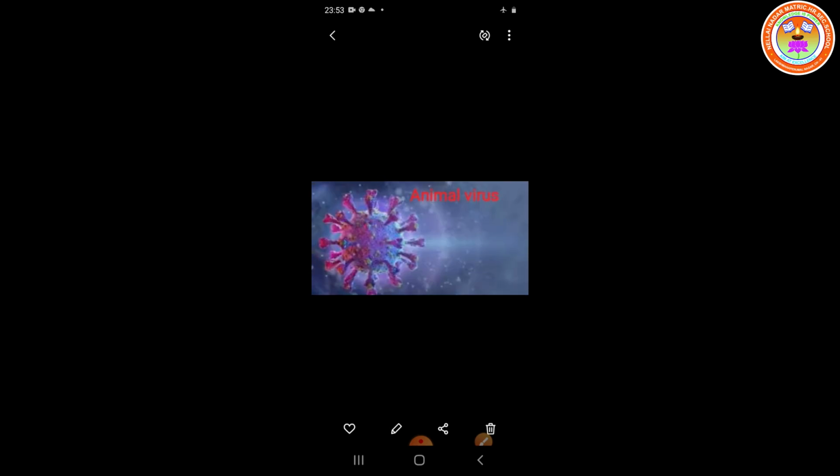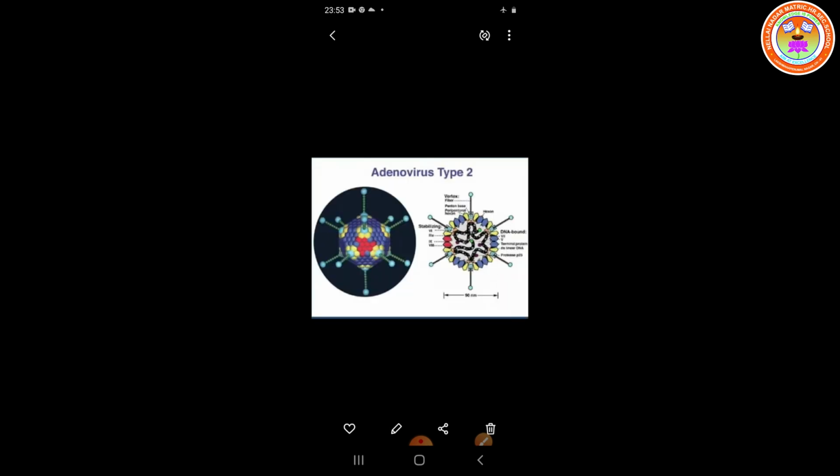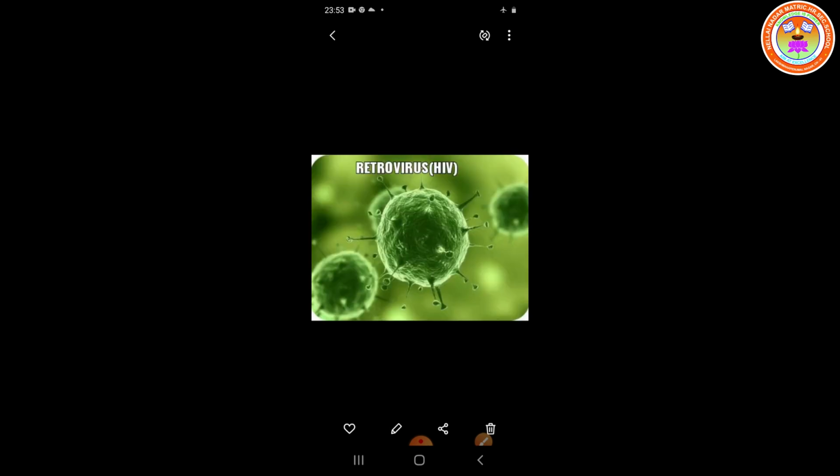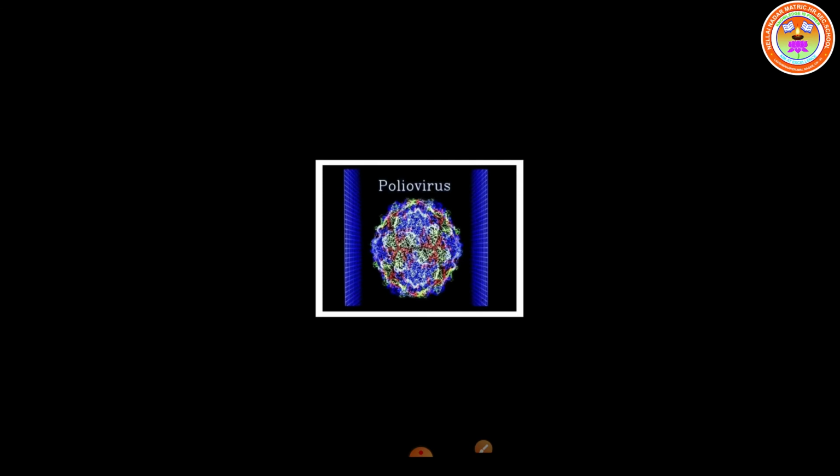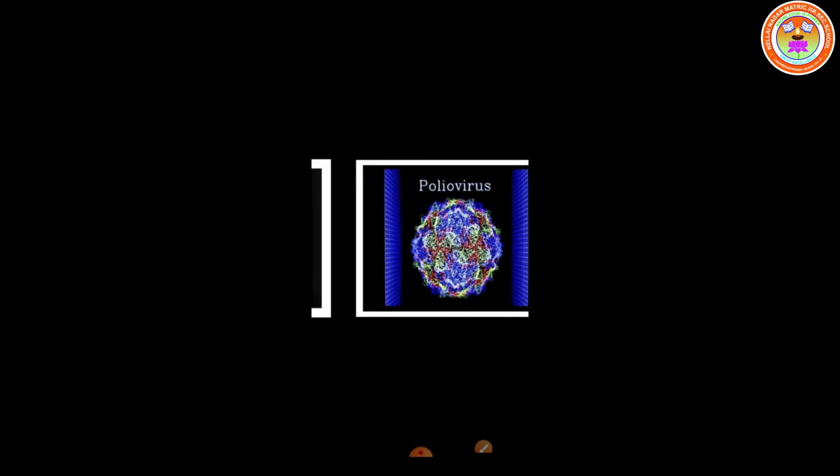The second one, animal virus. A virus which affects animals or human beings is called an animal virus. Examples: adenovirus, retrovirus HIV, influenza virus, polio virus. And the third one, bacteriophage.